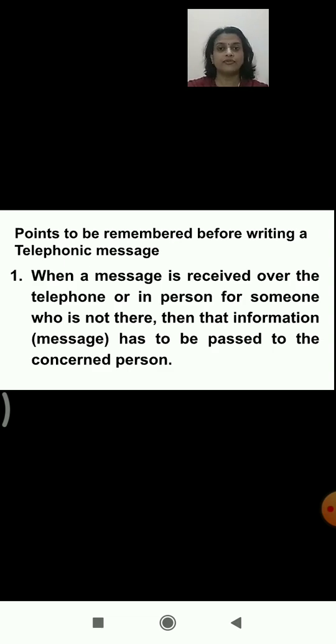So it is not meant for you, but you have received the phone call. So in this case, when you receive a message, you have received some information. Now it is your work to pass on that important message which you have received to that concerned person. That means the person for whom the telephone call was meant. Now that person is not at home, right?